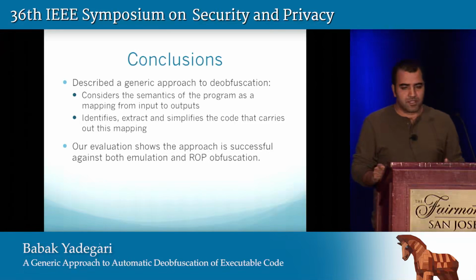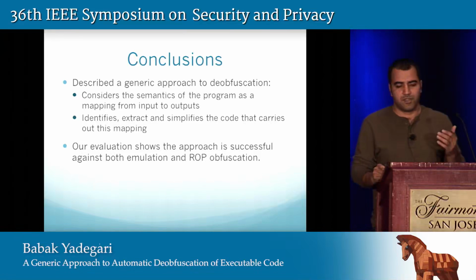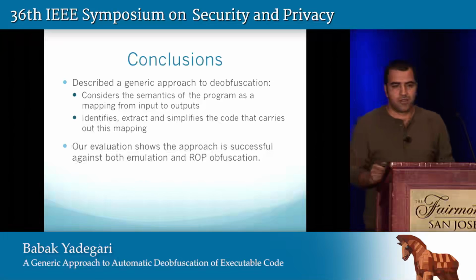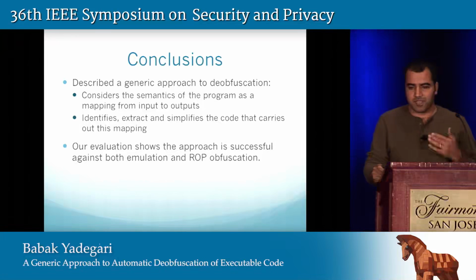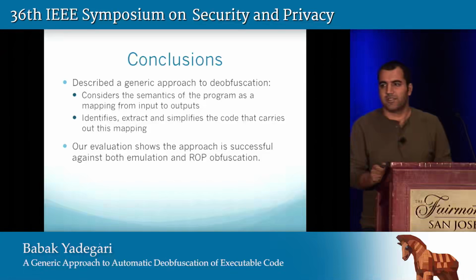And so this deobfuscation approach identifies and simplifies the computation that is involved in this mapping from the input to output. And our evaluation shows that this approach was successful against both emulation and ROP obfuscations.